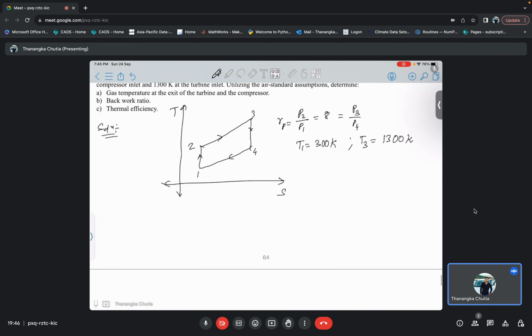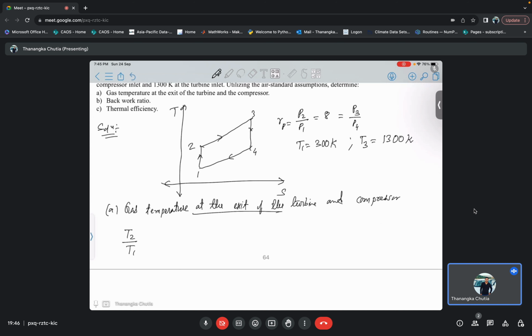We need the gas temperature at the exit of the turbine and compressor.